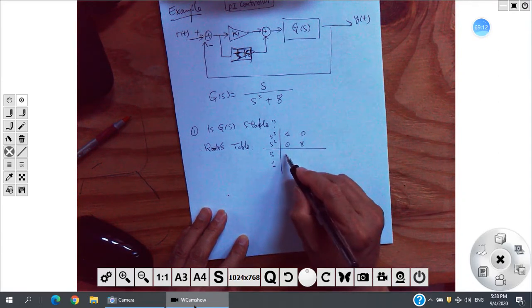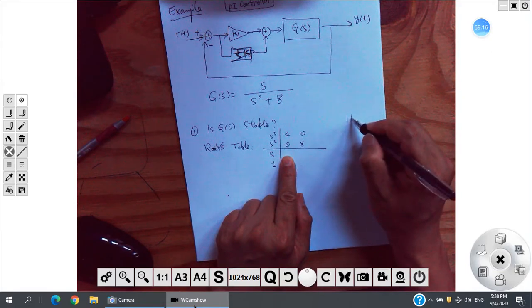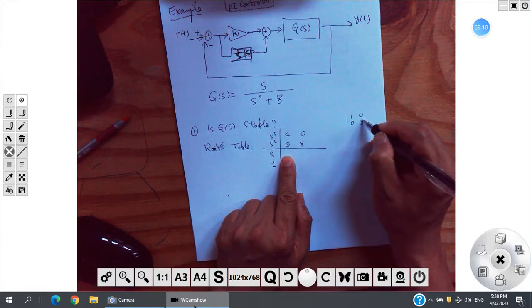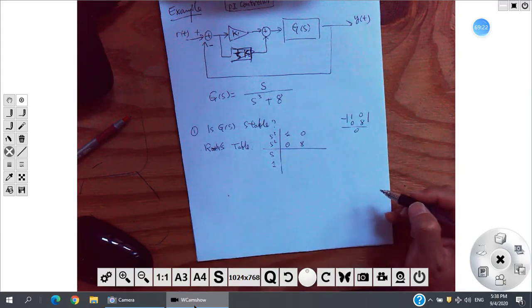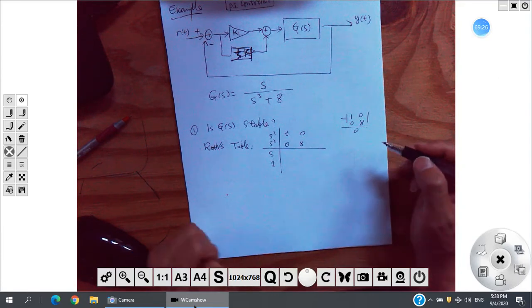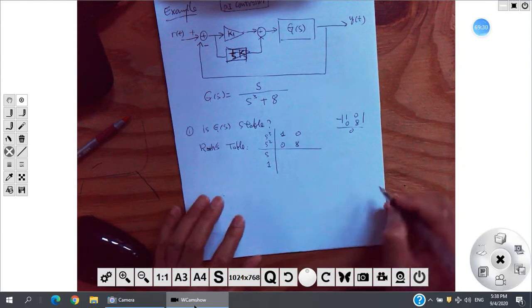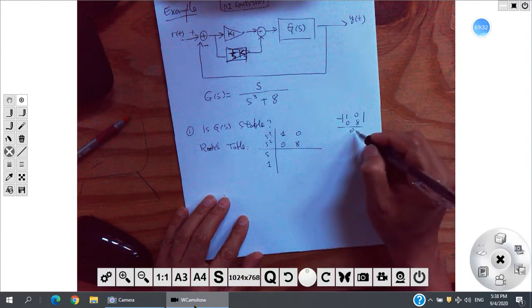Okay, now we want to check this value. This value will be 1 times 0 minus 8 divided by 0. Oh, this is a terrible case. We divided by 0. We cannot do that. Then we have a way we can change it.